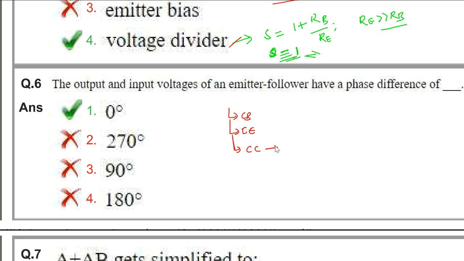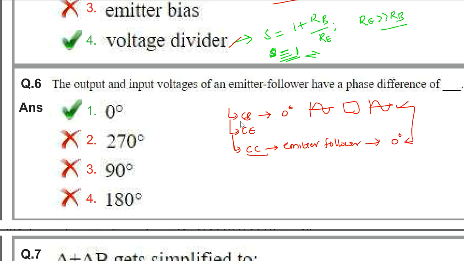The other name for the CC configuration is emitter follower, in which the input and output have a phase displacement of 0 degrees. In case of CB configuration, it is also the same. The input and output will have a phase difference of 0 degrees. That means if you give a sinusoidal input to the amplifier, the output also will be the same sinusoid.